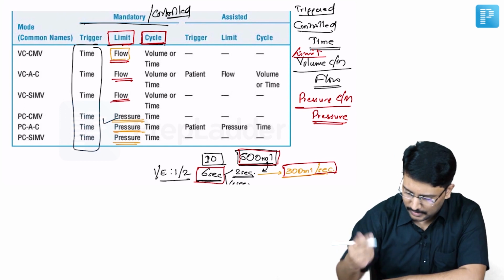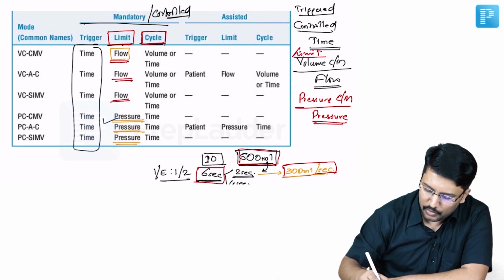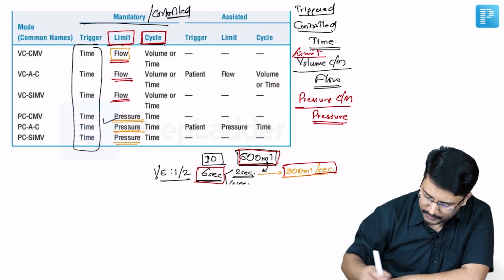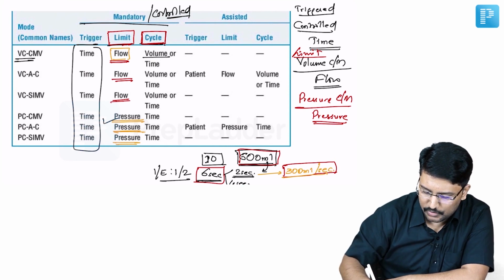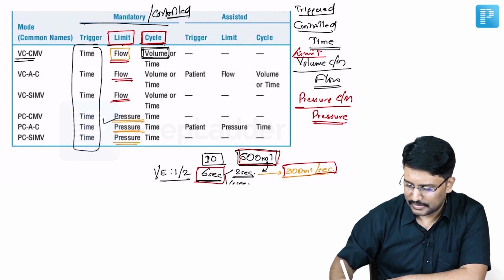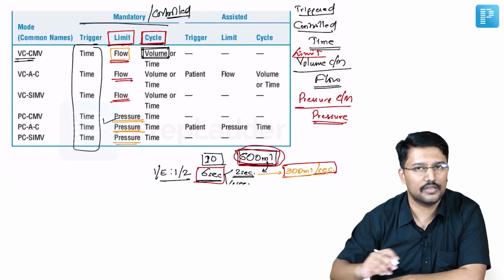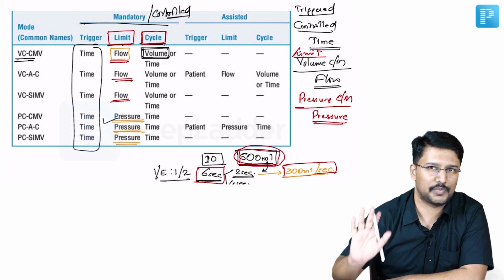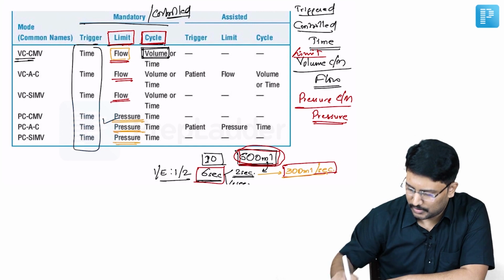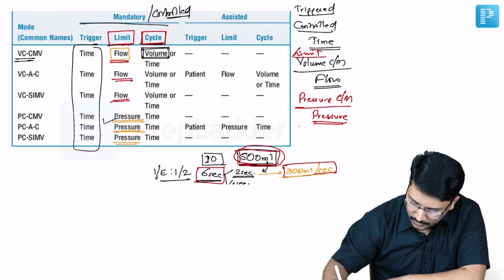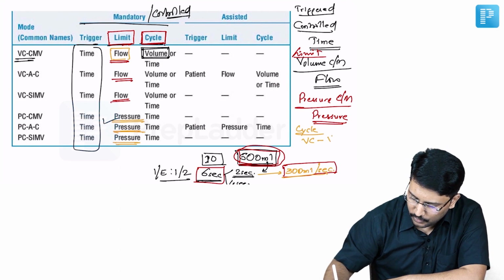When we are talking about controlled modes and volume controlled, volume is the cycler. Like 600 ml of tidal volume is delivered. Now we know that inspiration is over. Let us allow the time for expiration to happen. So whenever there is volume controlled mode, volume is the cycler.